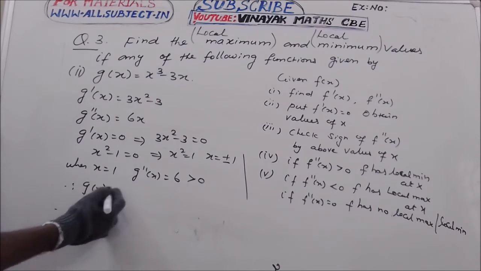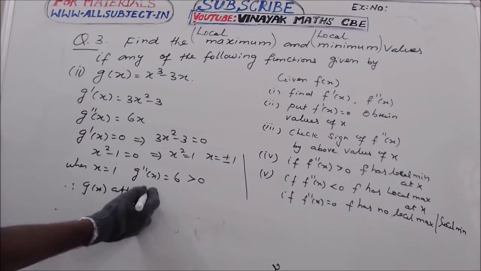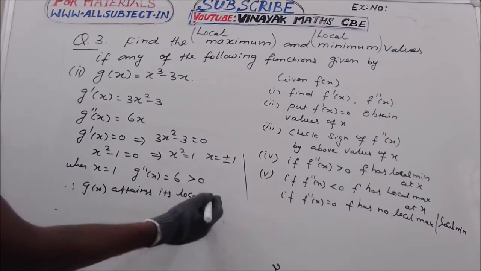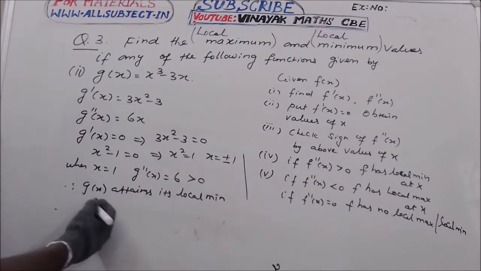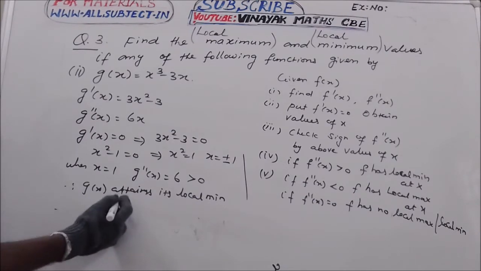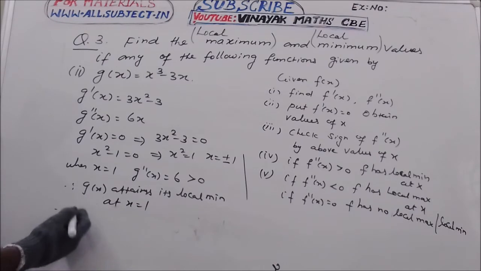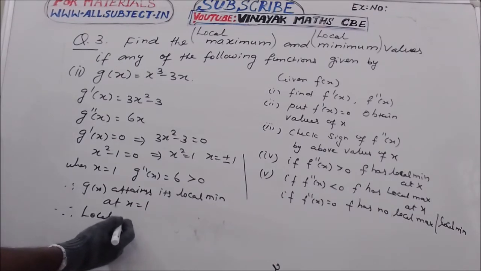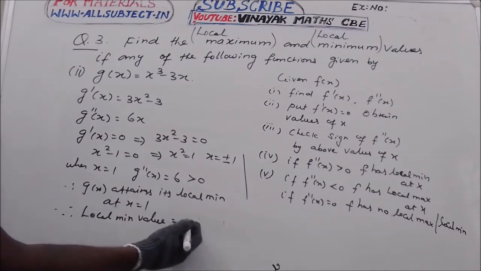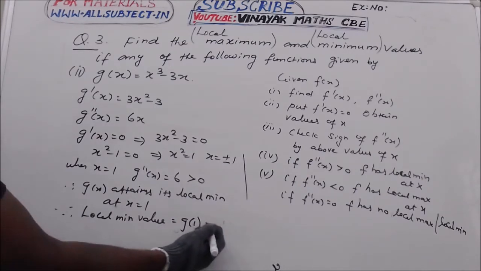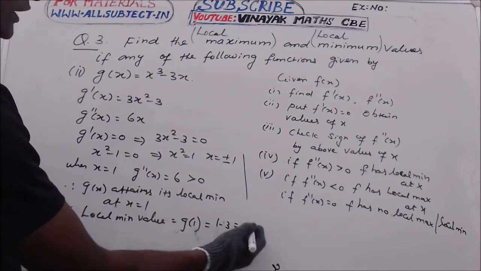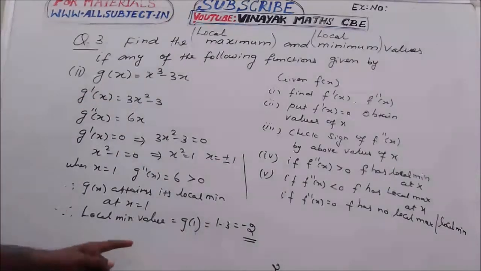Therefore, g of x attains its local minimum at x is equal to plus 1. Therefore, the local minimum value is g of plus 1, substituting 1 here, 1 minus 3 equal to minus 2. So this is the local minimum value.